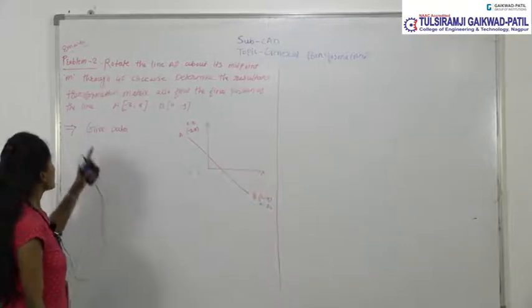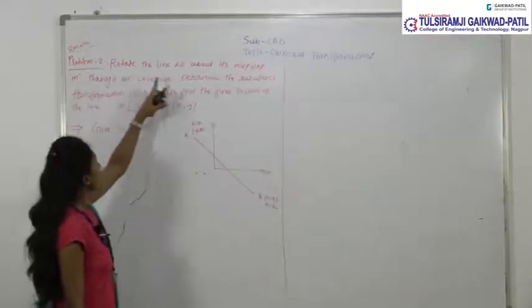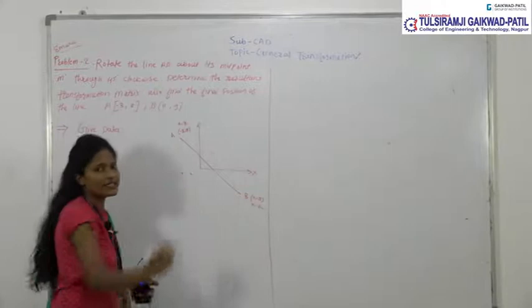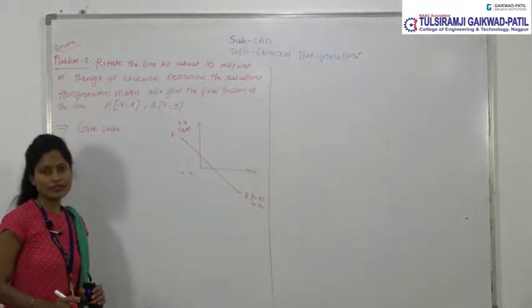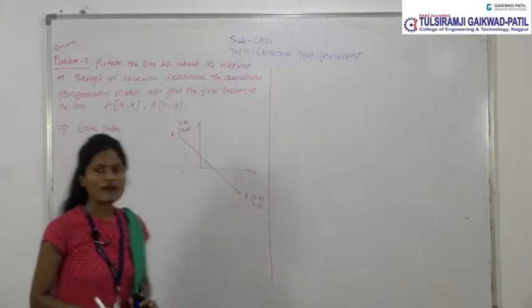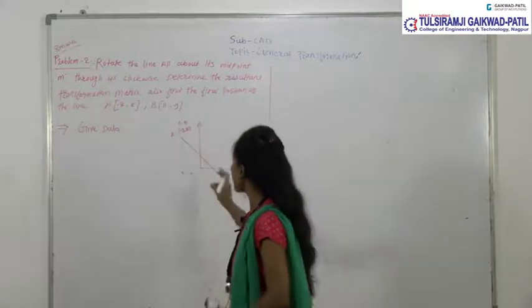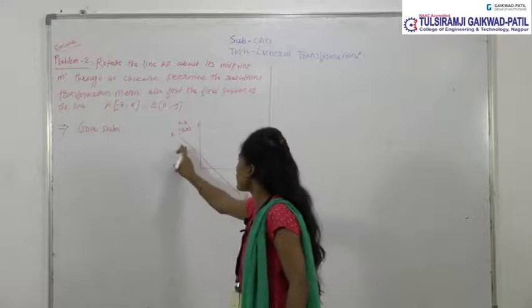Okay, so what does the numerical say? Rotate the line AB about its midpoint. But here we don't know the midpoint of that line, so first we have to find the midpoint of line AB.